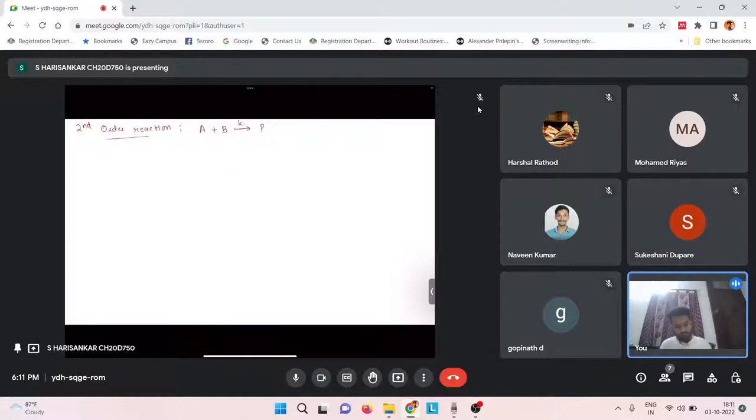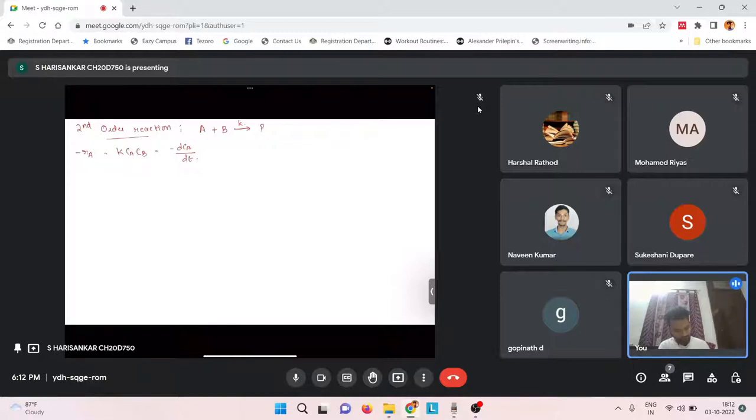So if we write the rate equation for this, minus rA will be k CA CB, which is basically minus dCA by dt. And we saw how we can derive the final equation for this.